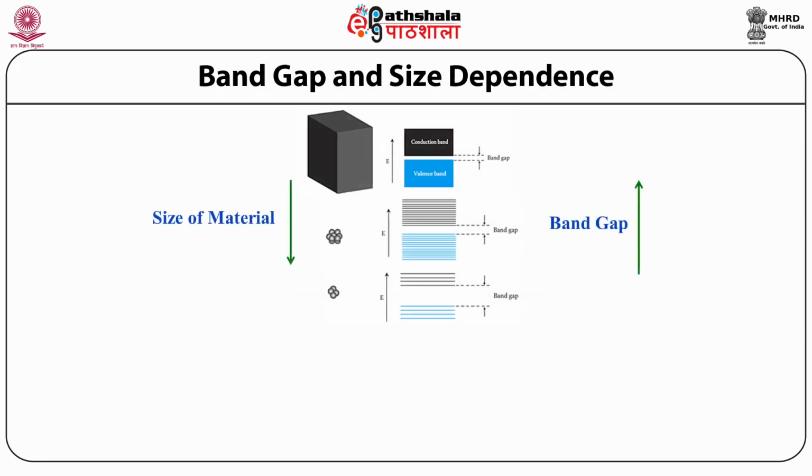Band gap and size dependence. So students, as you can see from this figure, as we are decreasing the size of the material, there is an increase in the band gap. If we have a solid, there are closely spaced energy sublevels corresponding to energy bands.